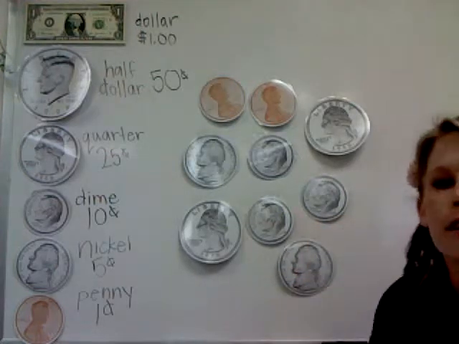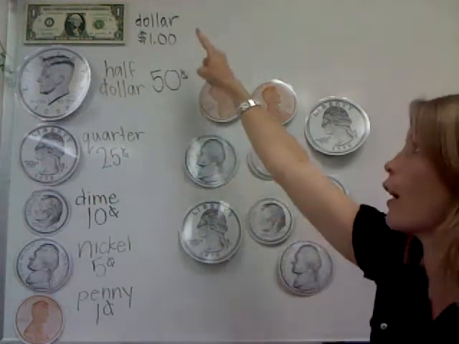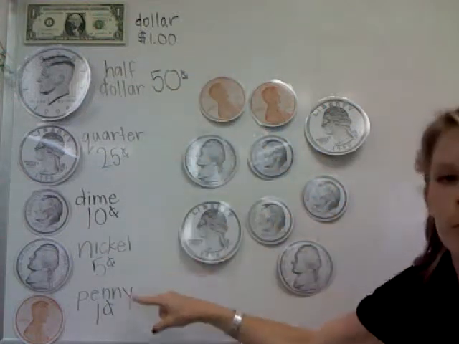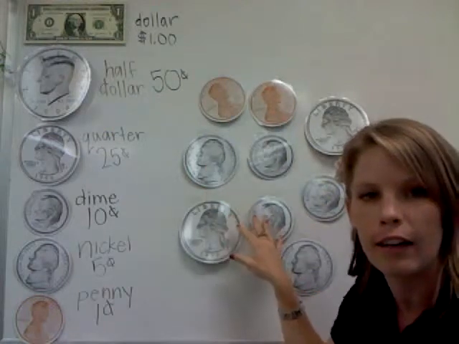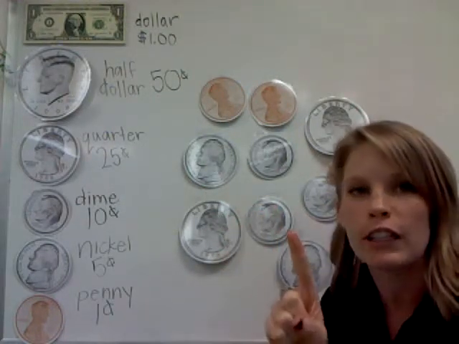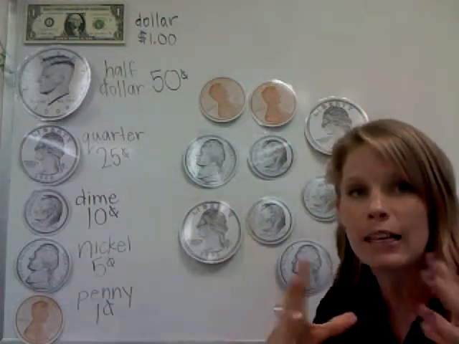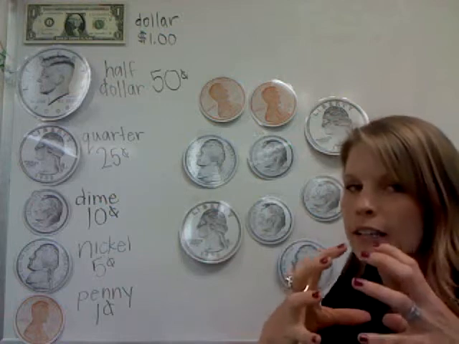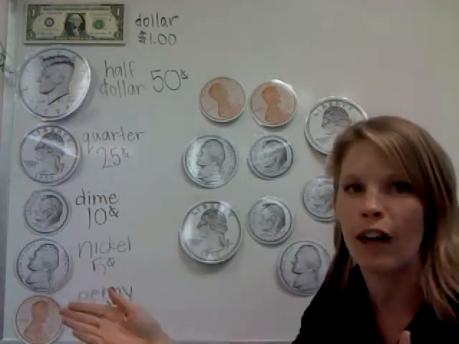Here's all my money. First off, you can use our numbers along the side to help remember our values. But I want to know how much I have here. The first thing you do if you're going to count coins is order them from the biggest value down to the smallest value, not the biggest size.